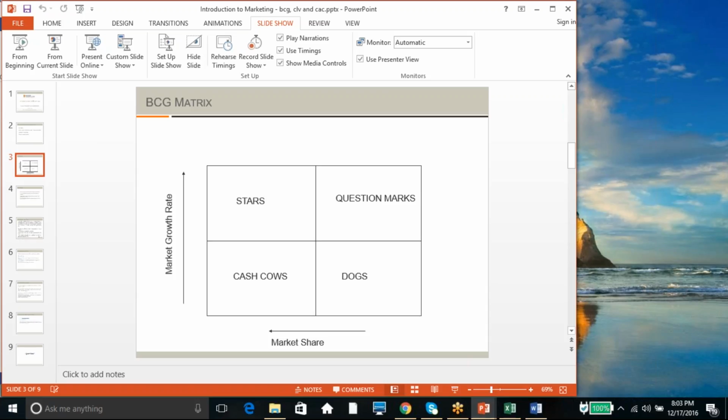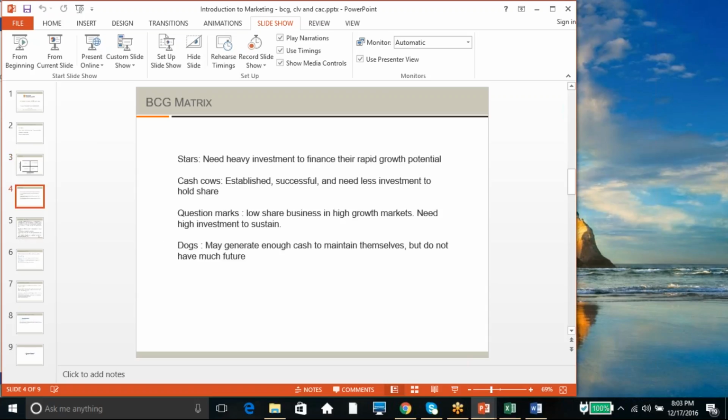So even Vodafone and Airtel don't want you to move to a 4G of a competitor. They want you to move to 4G of their own. And they give you these free SIM cards and free changes and all those sort of things. So that's the relevance of the BCG matrix and how it's applied. A little more is written here so you'll understand that.